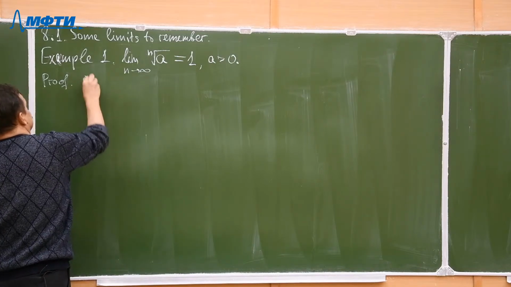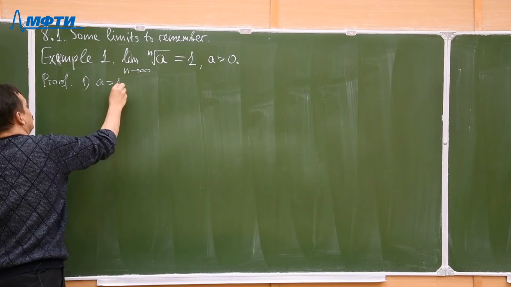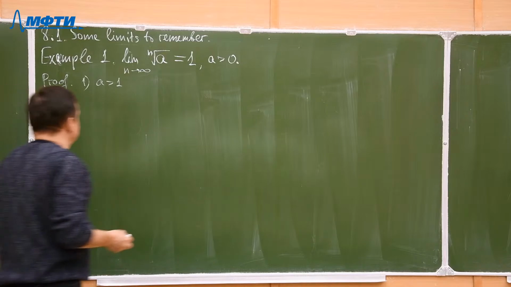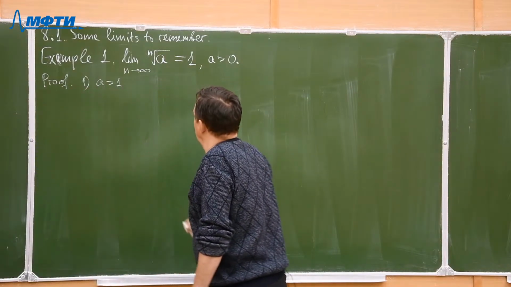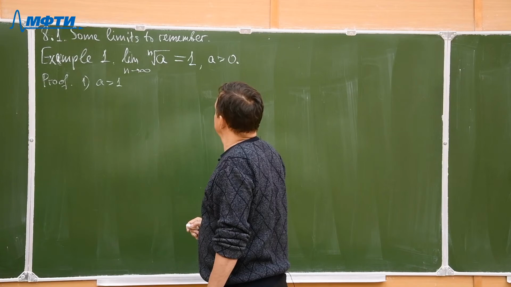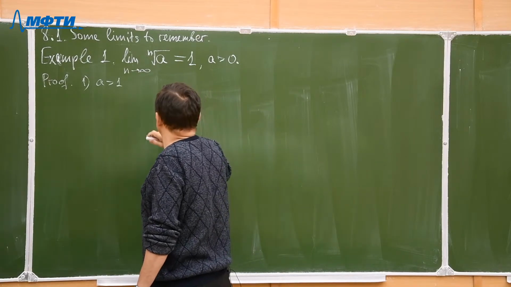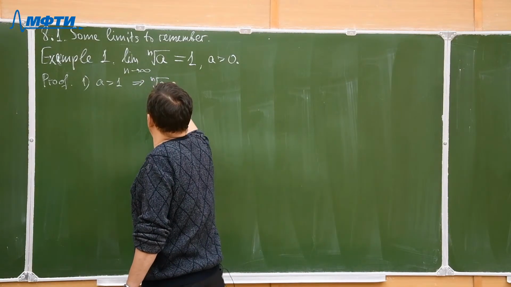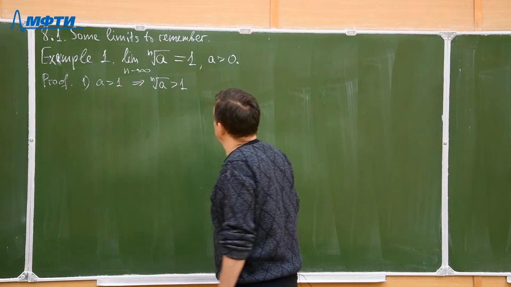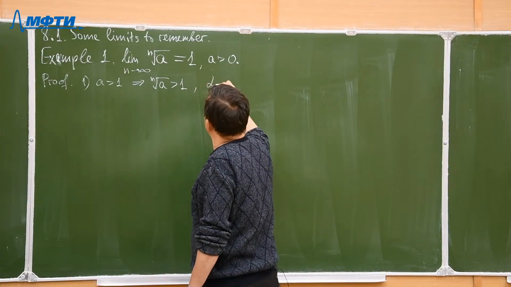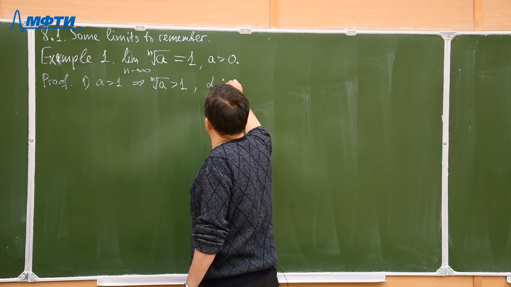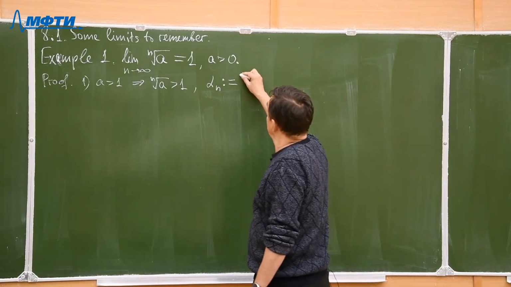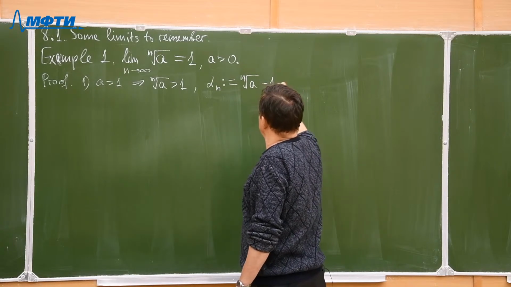First, we consider the case a is greater than 1. Then, for sure, nth root of a is greater than 1, and we substitute alpha n, by definition, is nth root of a minus 1.